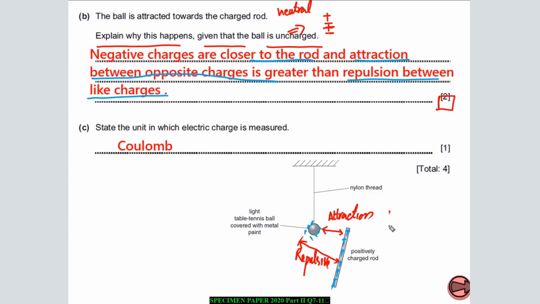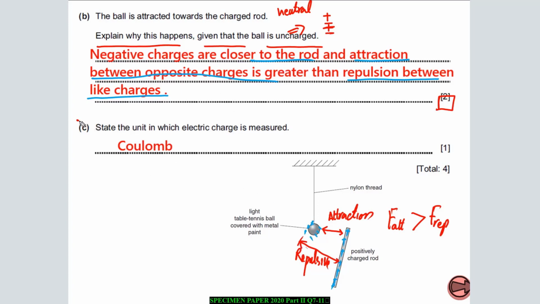So in this case, force of attraction is greater than repulsive force, because this distance is shorter than this distance, means the distance between same charges. So that is the reason.